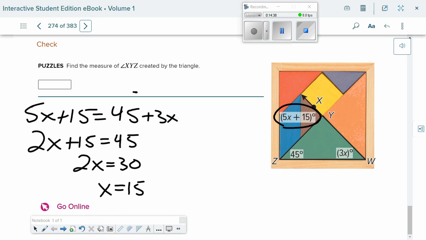Okay. So if I plug 15 back in for 5x plus 15, 5 times 15 is 75, and 75 plus 15 gives me that angle as being 90 degrees. And if I plug it in for 3x, I'm going to get 3 times 15. I'm going to get that angle down in the corner being 45 degrees.